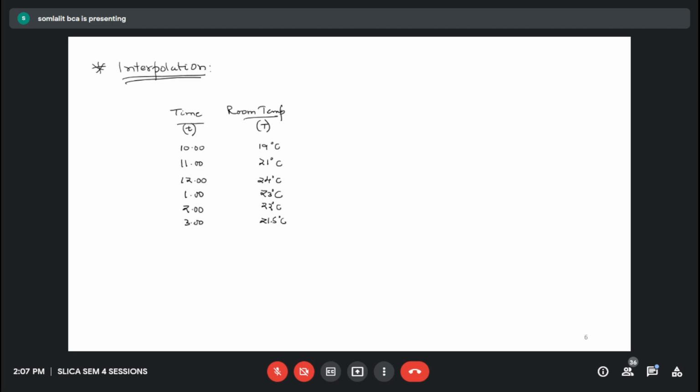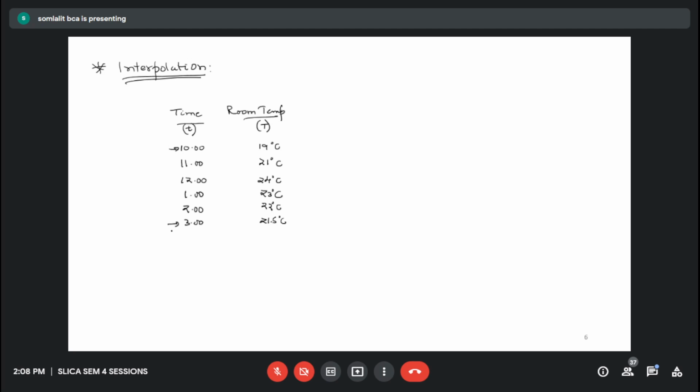For example, what will be the approximate room temperature at 1 o'clock and 20 minutes? So I'm choosing values within this range which are not given in this table. What's the data range for the time? It starts from 10 and the maximum value is 3.